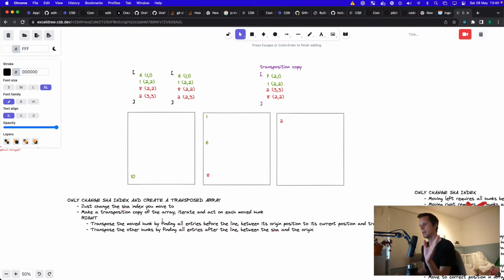Okay, so let's just say that we do this by finding all entries after the line between its current SHA. I shouldn't say position, I should say SHA. Anyways, transpose the other hunks by finding all entries after the line between its origin. It's basically the same.